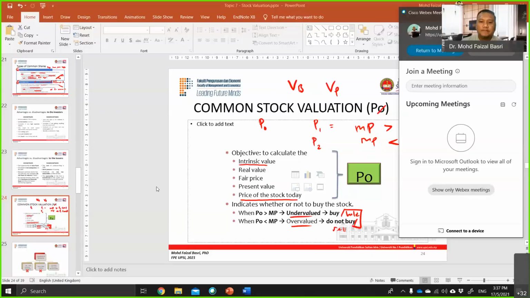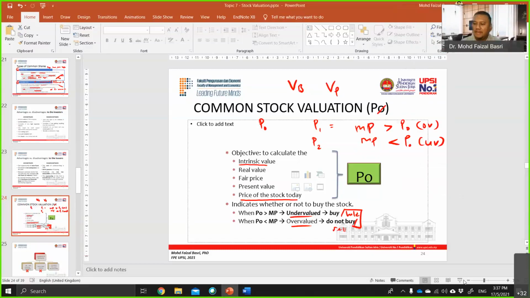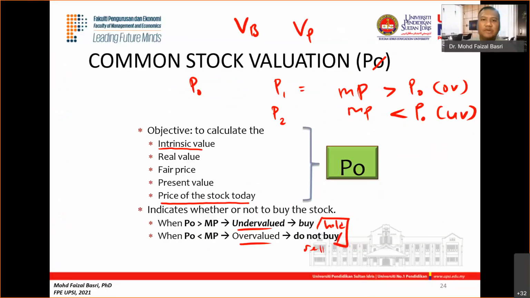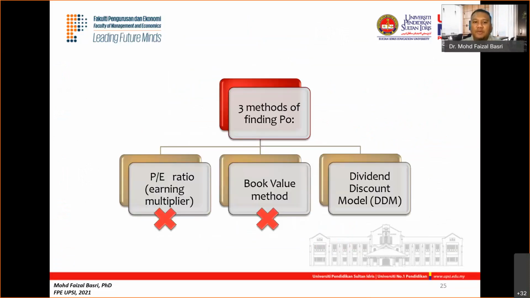All right, so let's continue with the valuation of common stocks. For this valuation, we actually have a lot of methods that can be used. We have the PE ratio using the earning multiplier, and the book value method.